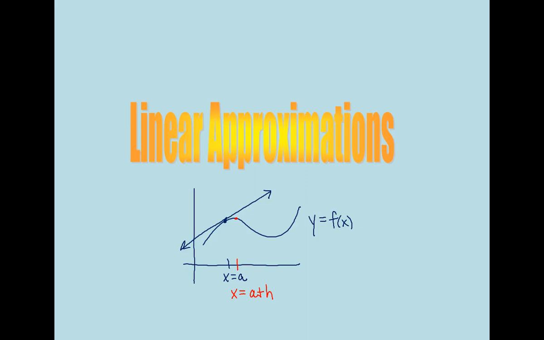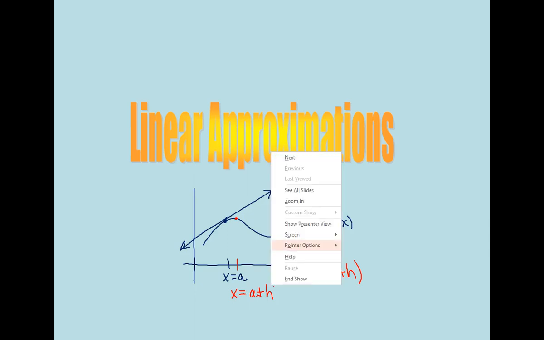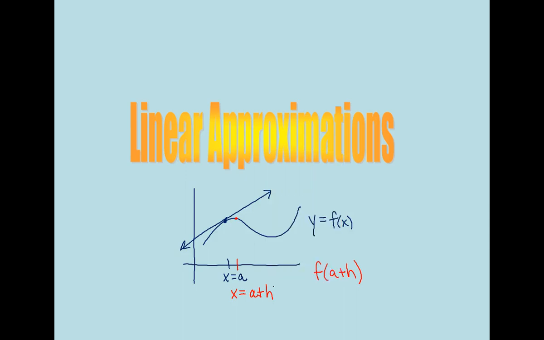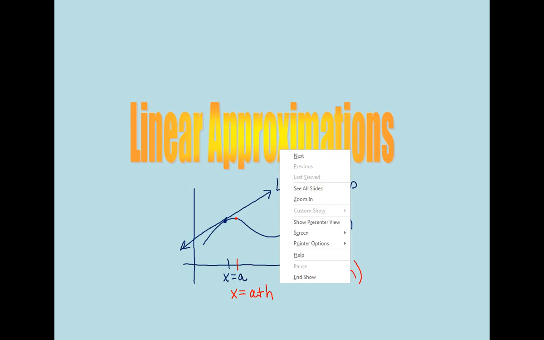We could evaluate the function at f of a plus h, but we could also create the equation of this line, and let's call that line L of x. We could use the equation of this line to estimate values of the function.